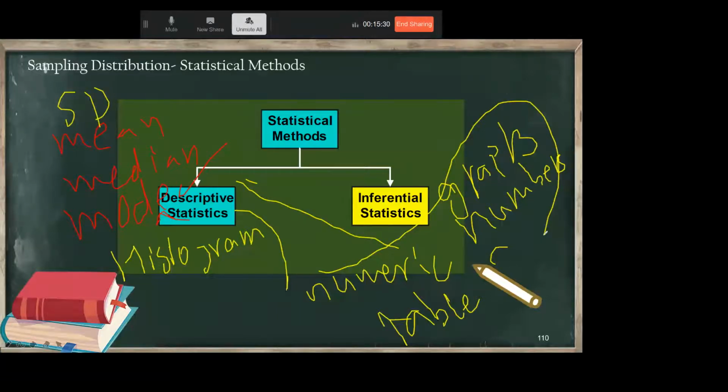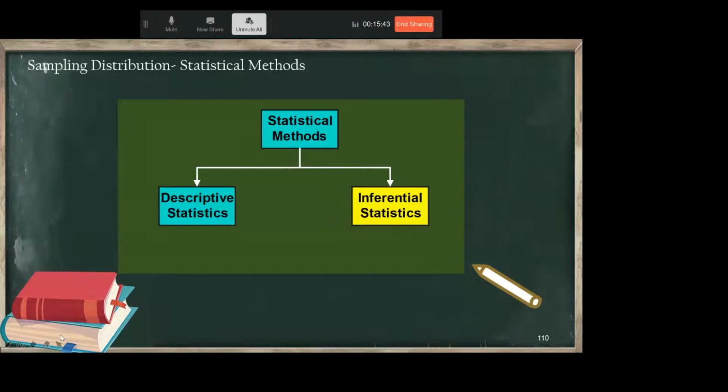Whereas inferential statistics, or statistical inference, is based on descriptive statistics. So first we have descriptive statistics, and based on descriptive statistics we draw some inferences. What does inference mean? Inference means conclusion. Inferential statistics tells us about our population parameters.